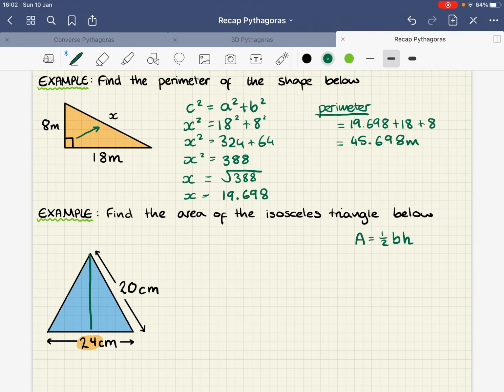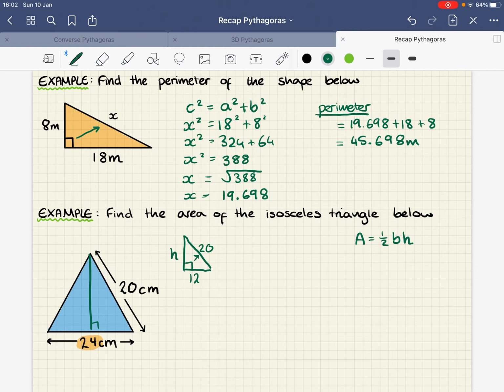I don't know that. I've got my slant length, but not the height. So in fact, let's think of this as that right angle triangle there, and I'm just going to draw it up a side. So I've got that slant length of 20. And then on the bottom there, I'm going to half it to be 12. And we're trying to figure out what the height is.